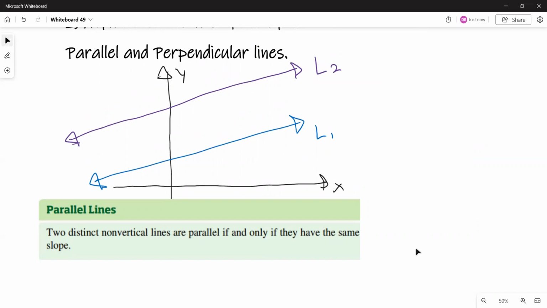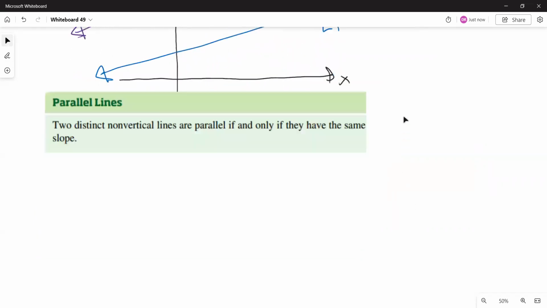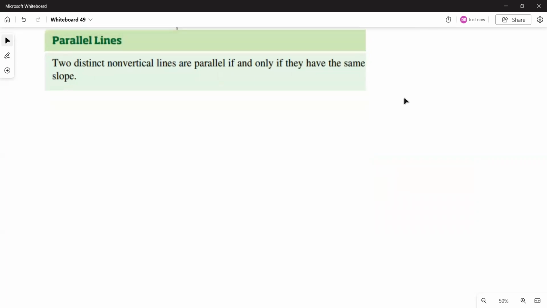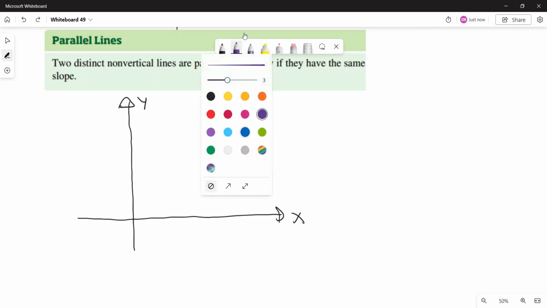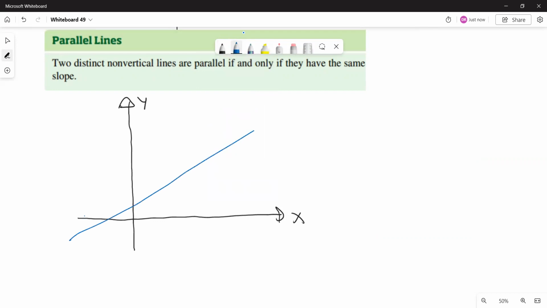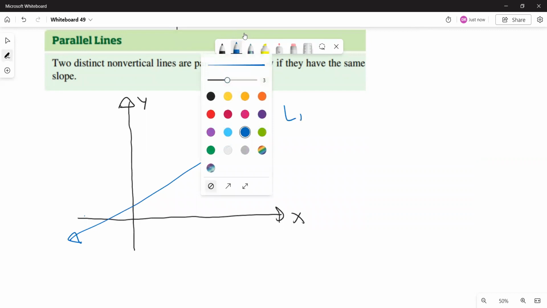And with perpendicular lines, suppose that you have two perpendicular lines where none of them is vertical. So you have some line L1 and another line L2.